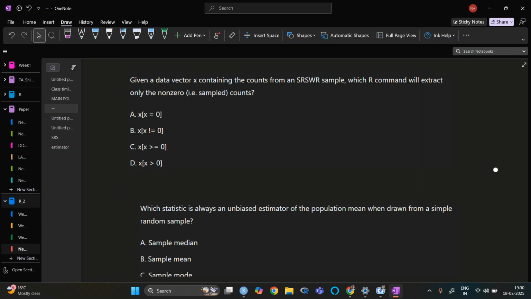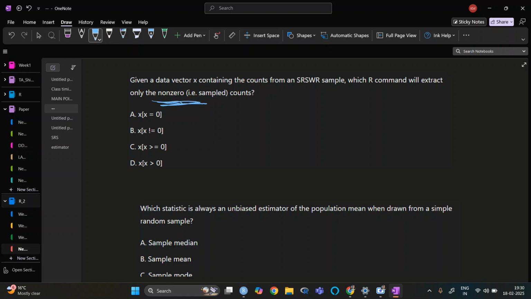No, if we say greater than or equal to, then zero will also come in that. So C is not correct. Non-zero means zero cannot come, so only values greater than zero. Okay, so only the last one comes forward.